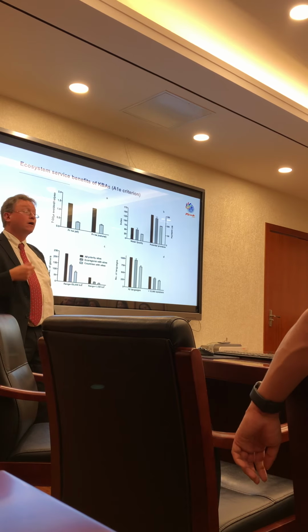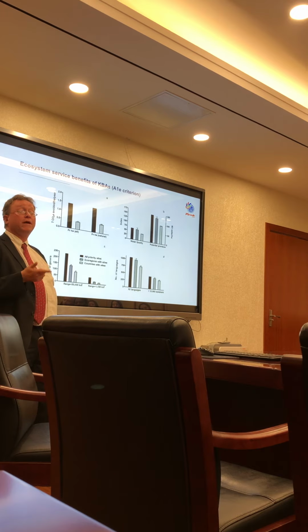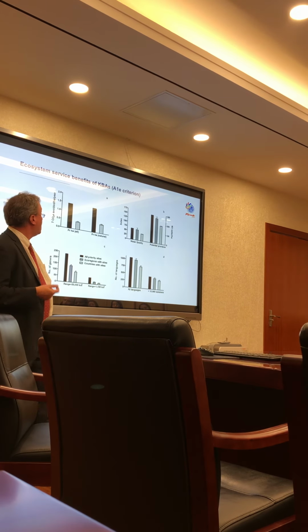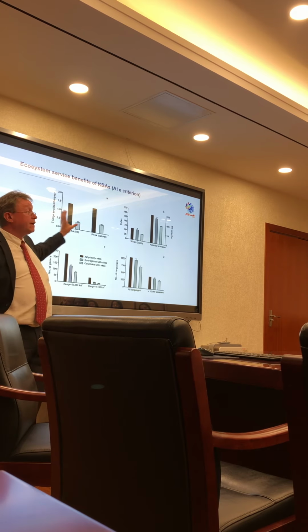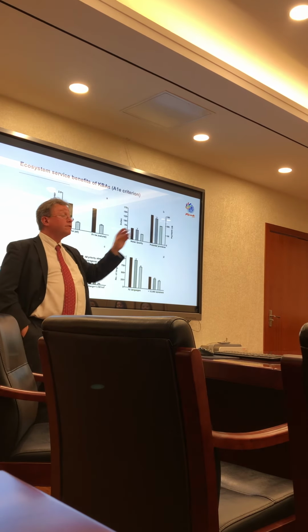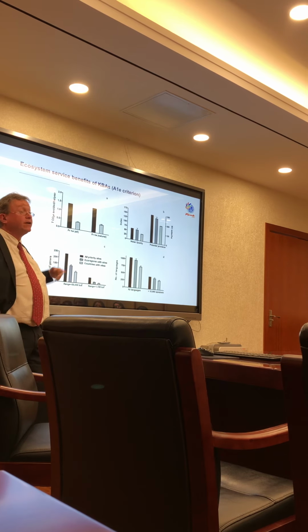It looked across carbon storage and sequestration. It looked across maintenance of water quality and water provision. So very much in the realm of nature-based solutions, as we've heard earlier. But it also looked across other kinds of benefits, of ecosystem service benefits more generally.